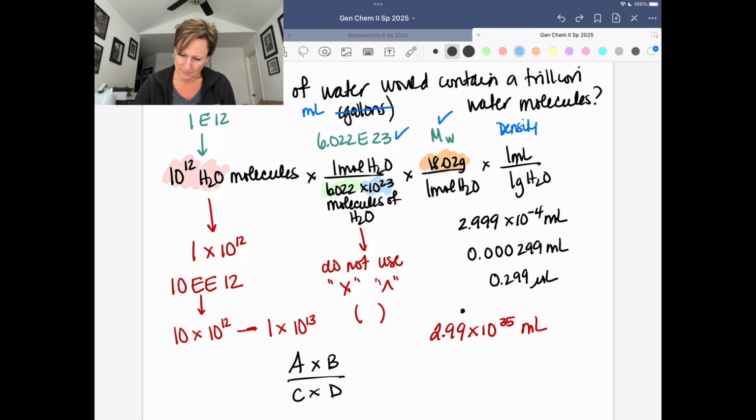A was my 10 to the 12th, times B, that was my 18.02, and divided by 6.022 times 10 to the 23rd.